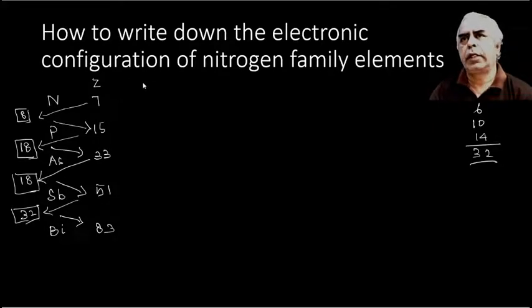So let us write down the inert gas. Let us put Ig, inert gas. Which is the nearest inert gas? Helium. Helium, it has got 2 electrons. So helium, how many electrons does it have? You can put like this, 2 for our convenience.